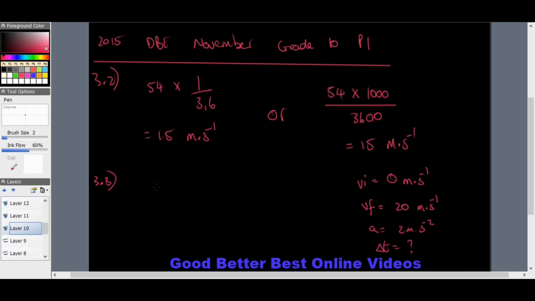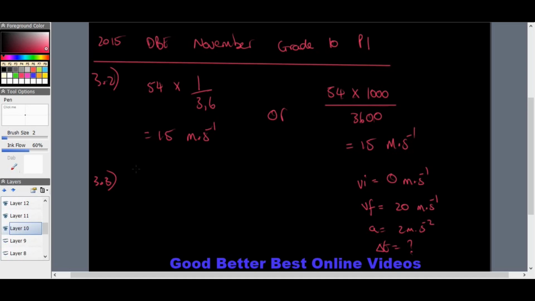So now, based on our information, we go have a look at our equations of motion and we decide. So I think equation number 3 is going to be, sorry, not number 3, number 1, because that's got delta t in it, which is the variable we're looking for. So we always decide our equation of motion by determining the variable we're looking for. So it's got delta t in it, so we can use equation 1, equation 2, or equation 4.